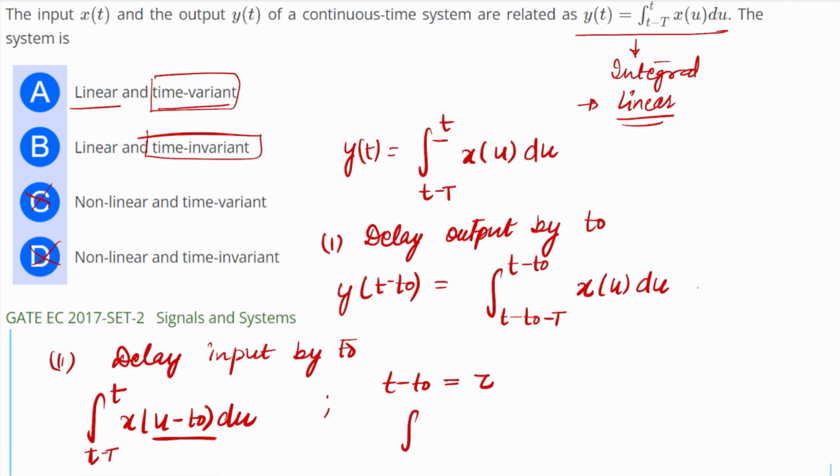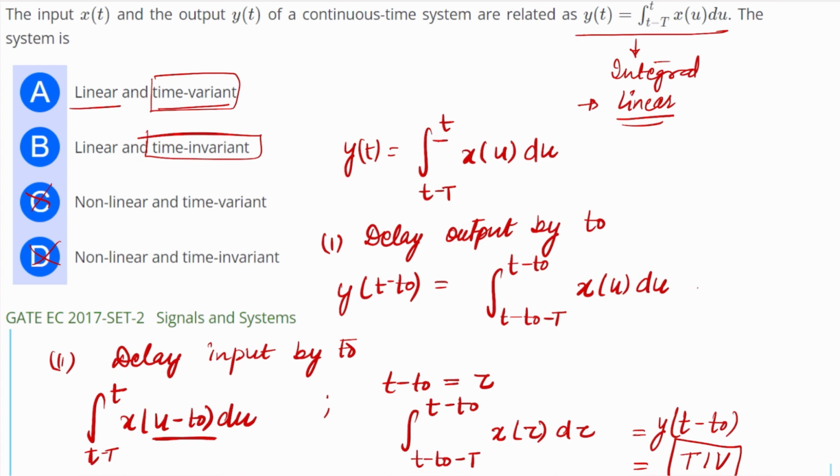So the limits will change up to t minus t naught, and this will become x(tau) d tau. Now if you see, it is the same as y(t minus t naught). So this is what kind of system? If they both are the same, so this is a time invariant system. So option B will be the correct option. So this system is a time invariant system.